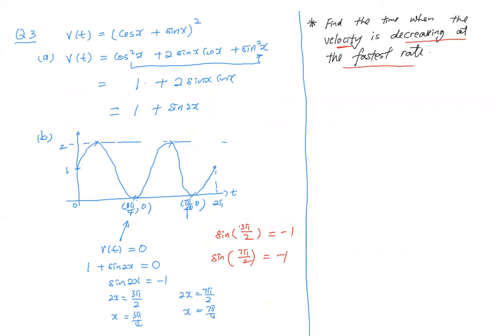Decreasing at the fastest rate, or increasing at the fastest rate. That means in this case, we are looking for the maximum or minimum point of the dy/dx. Yeah, that means we are looking for what?